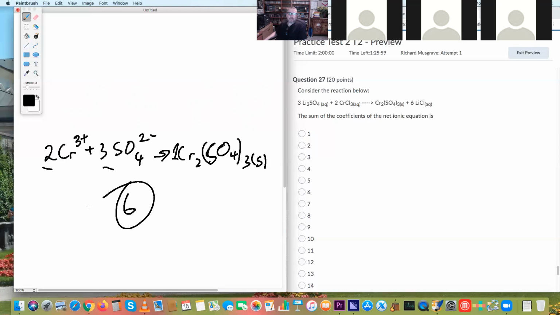The Li, say that again? Yeah, the Li and the Cl are just going to cancel out, because that's what forms the LiCl, and that's going to just be Li plus and Cl minus anyway. See, it looks like this.